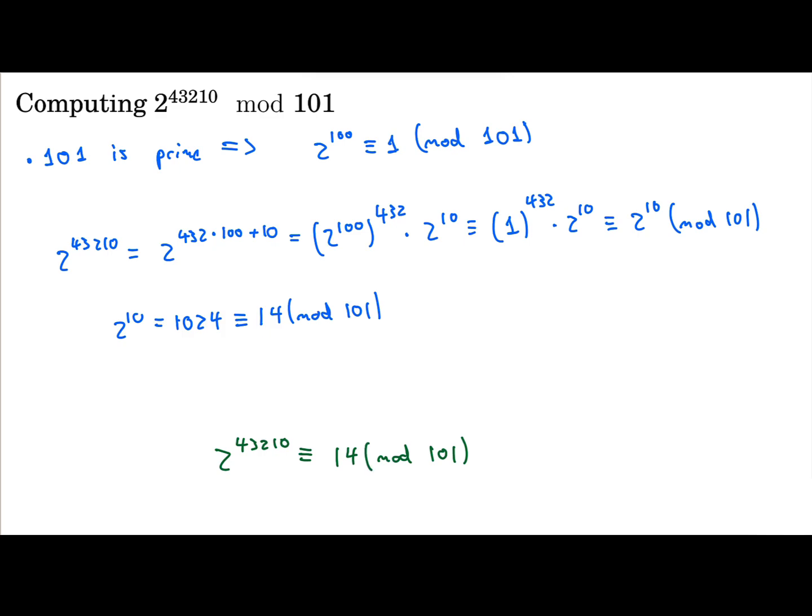I mean, all these calculations here can be done quite quickly by hand. So taking powers mod prime can be very quick with Fermat's little theorem.